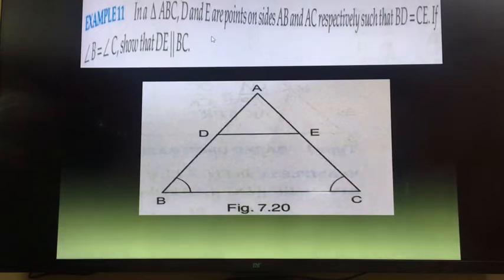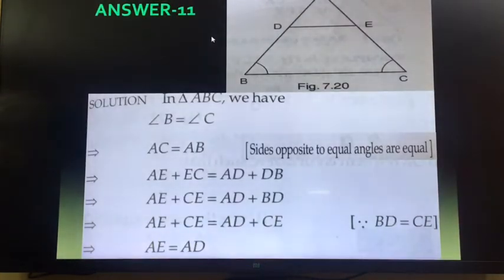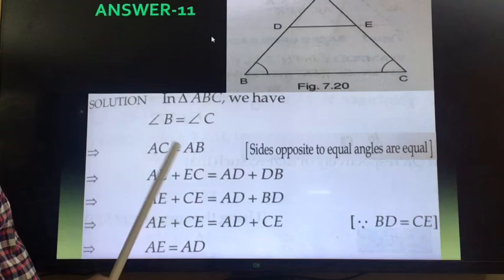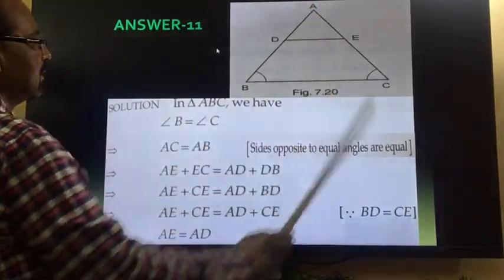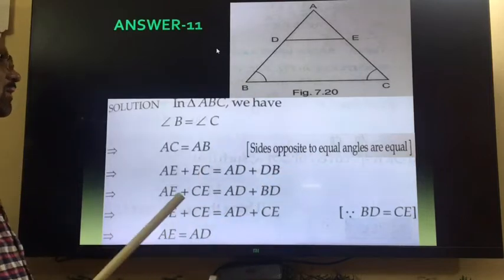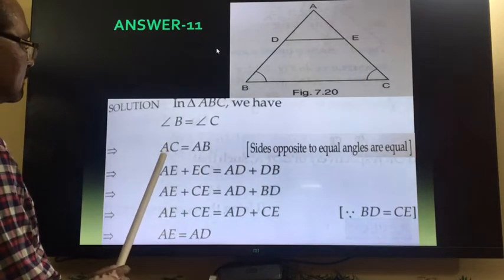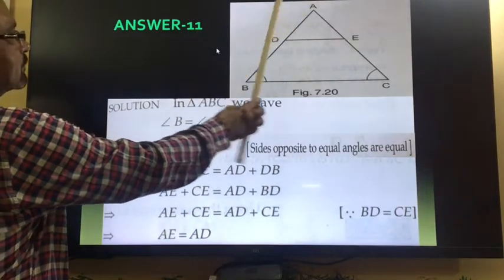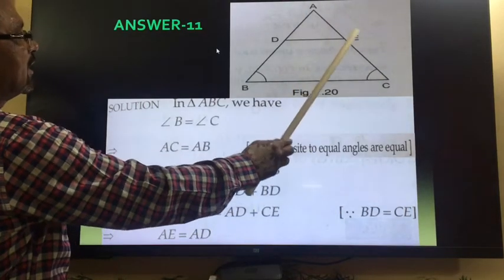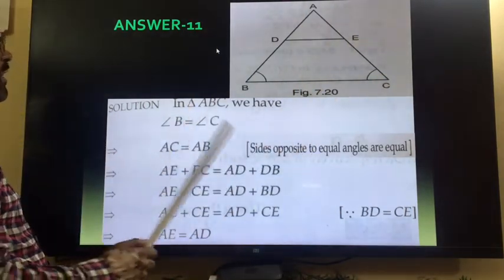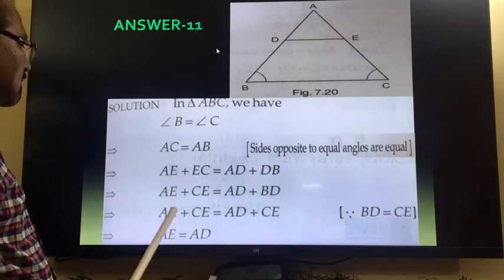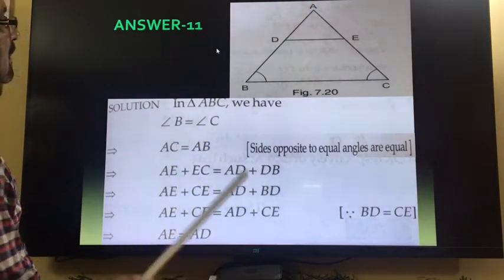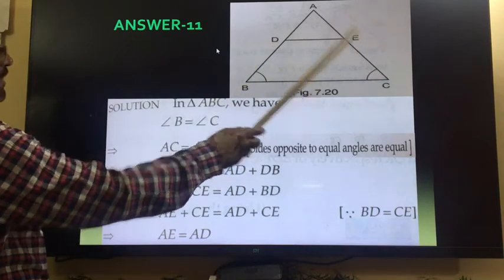So now we will take the help of this. Angle B is equal to angle C, therefore AB is equal to AC, since sides opposite to equal angles are equal. After that, we can break AC: AC is equal to AE plus EC, and AB is equal to AD plus DB. Now here it is given that BD is equal to EC.